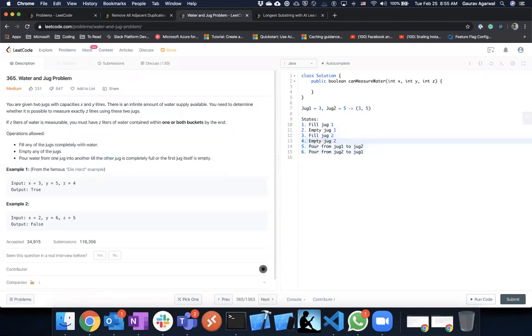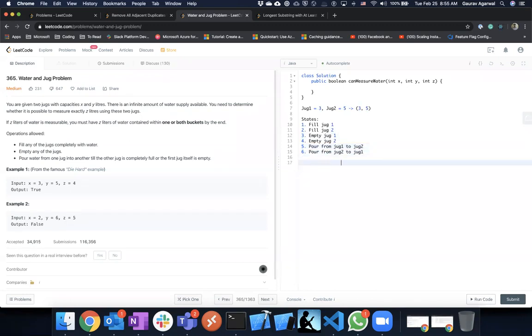Or if I write it this way, maybe it makes more sense, just to clarify. Either we can fill one of the jugs fully, we can empty one of the jugs fully, or we can pour water from one jug to the other jug, which is the third operation.